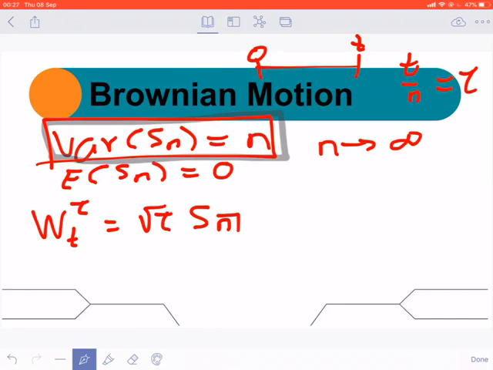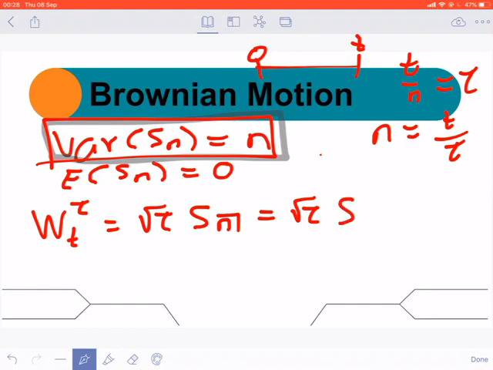So if we really want to find n, we can just say n is going to be equal to t over tau, right?